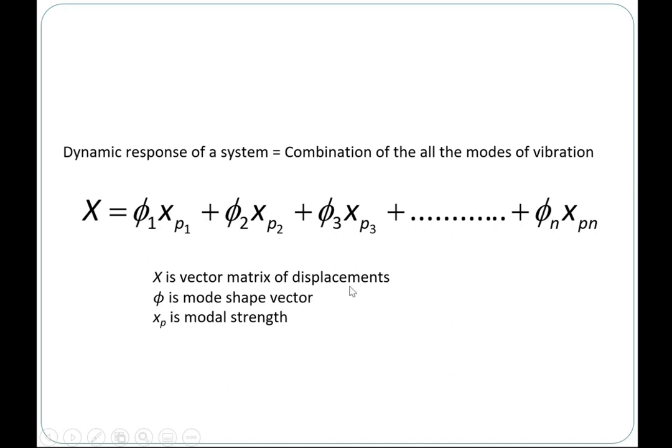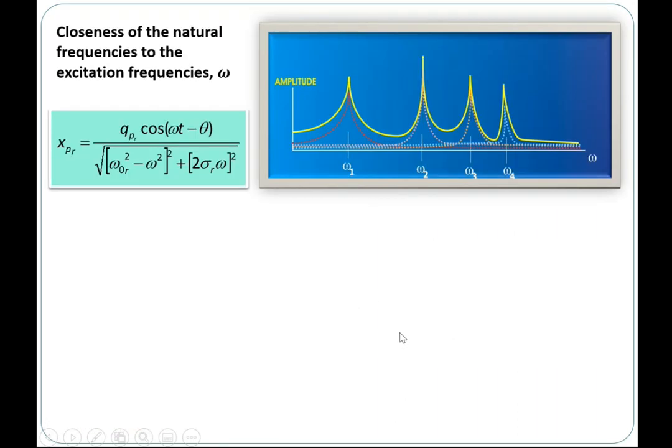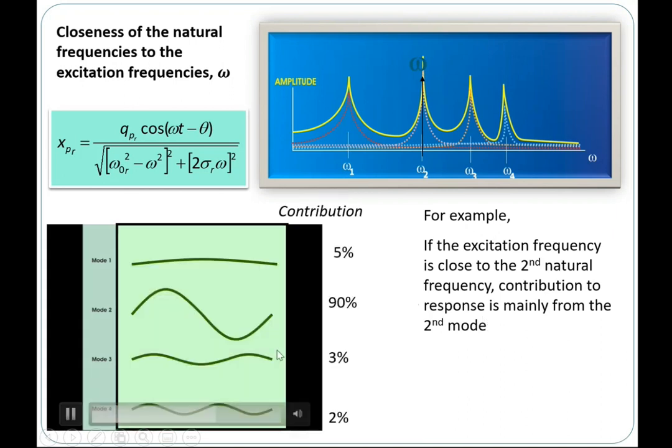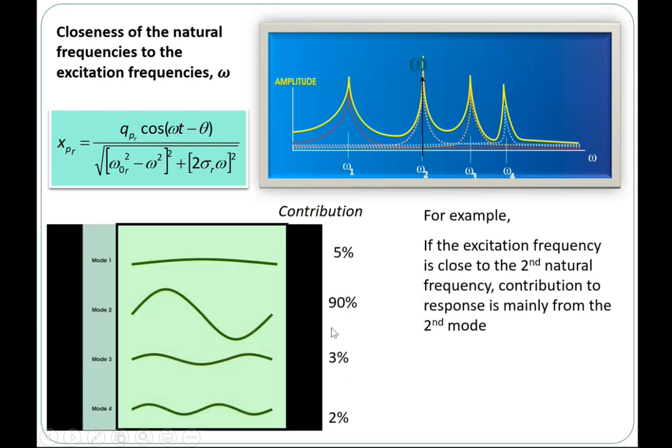But in this particular example, this mode will be dominant, and the rest will not dominate compared to the contribution of mode 2. So if the excitation frequency is close to the second natural frequency, the contribution to the response comes mainly from the second mode.